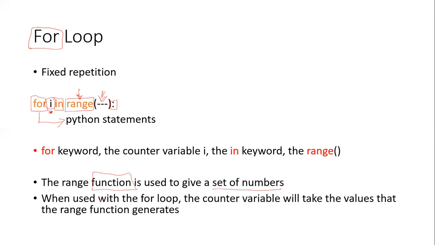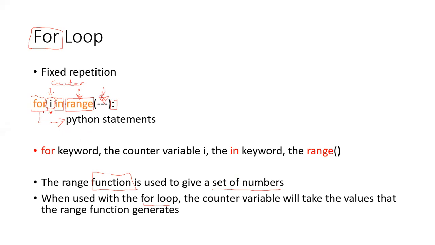When we use the range statement in a for loop, the counter variable, in this case called I, will take on the values that are generated by the range statement. So that is how the for loop is going to work. Also take note that in this example, the variable I is used as the counter variable. However, you can call that any name. It does not have to be restricted to using the variable I.